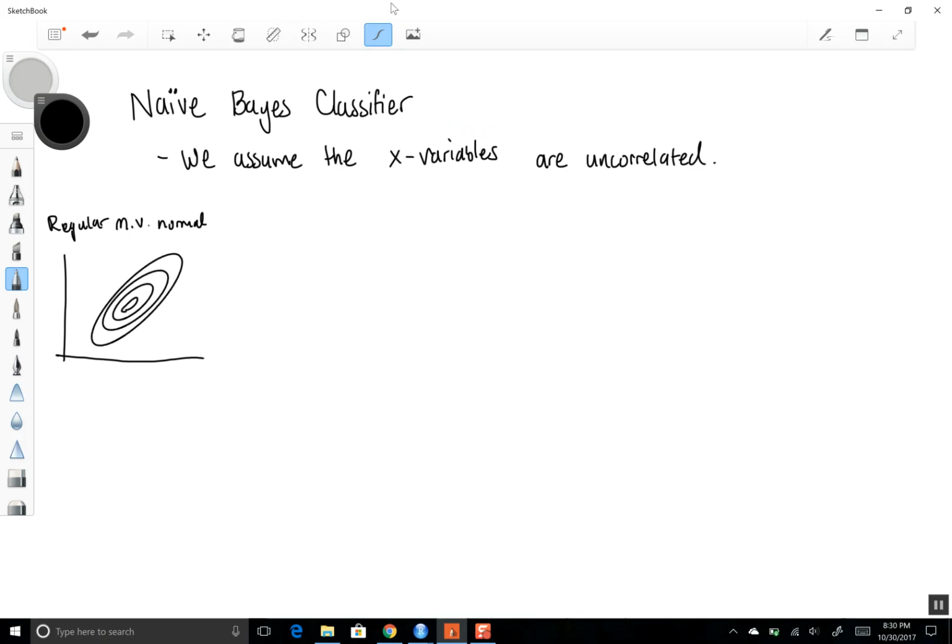This is something you can do with a regular multivariate normal, the joint distribution of a multivariate normal. What is the joint distribution of two independent normals?